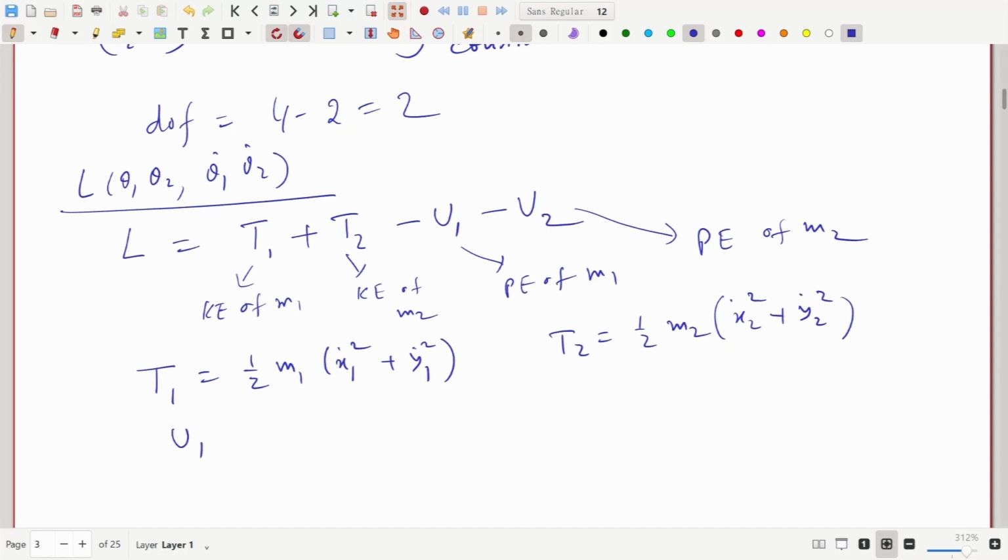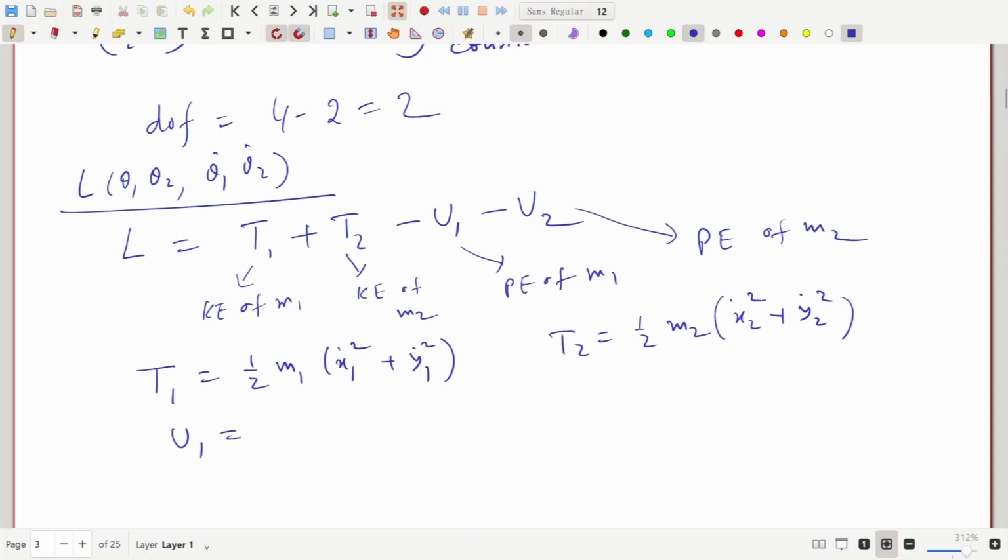For U1, if we consider the same zero of the potential energy, I will explain after finishing this that if we choose the zero of the potential energy in a different place, you still have the same equation of motion. The Lagrangian will change, but the equation of motion will be the same. The Lagrangian may change by a constant amount.